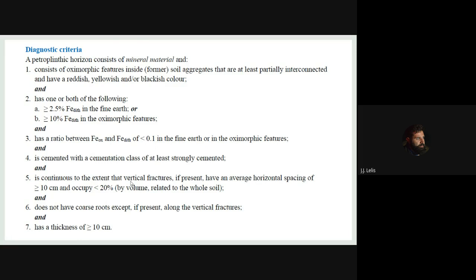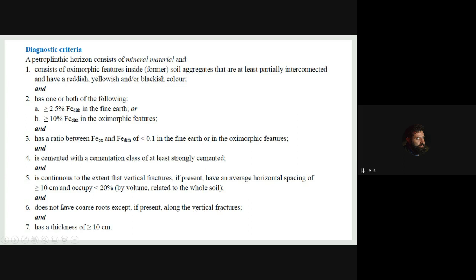So we have some cracks that are formed by thermal desiccation of the material. It does not have coarse roots except if these roots are present in vertical fractures.